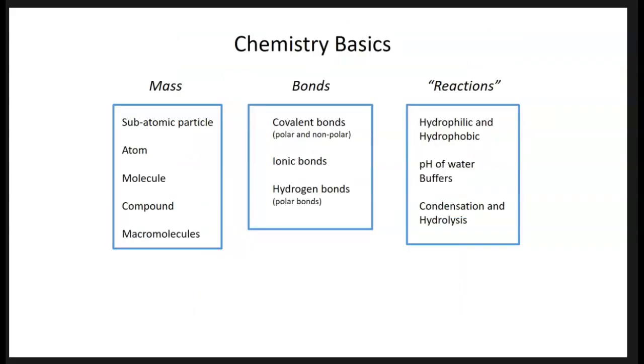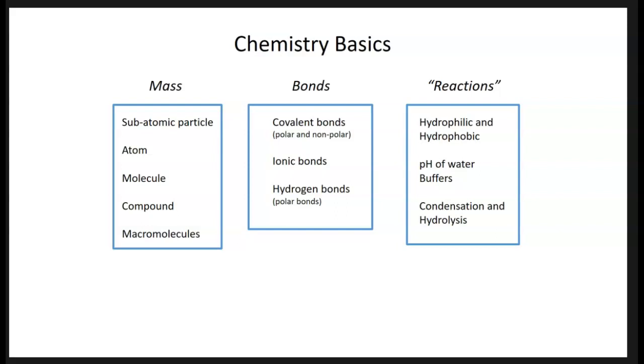Here are some terms that you need to know about to understand chemistry. We'll talk about some of these in detail, and hopefully some of these are words that you've learned in some of your previous chemistry or biology classes. So we're going to talk about mass, and that is the matter that makes up chemicals.